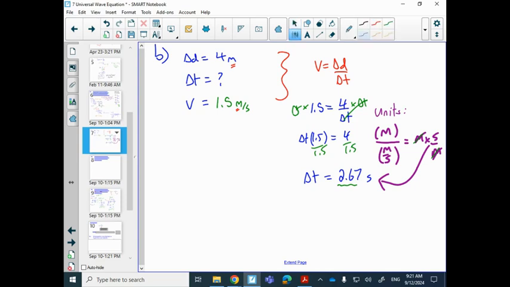Let's just say this was 4.0 and this is 1.5, then we'd need to round, right? If it was only 2 significant digits, then we'd say, oh, this is actually 2.7 seconds. So what you do is you keep lots of decimals all the way to the end, and then you just round appropriately at the end. Okay, so this was if it was 2 significant digits, right?